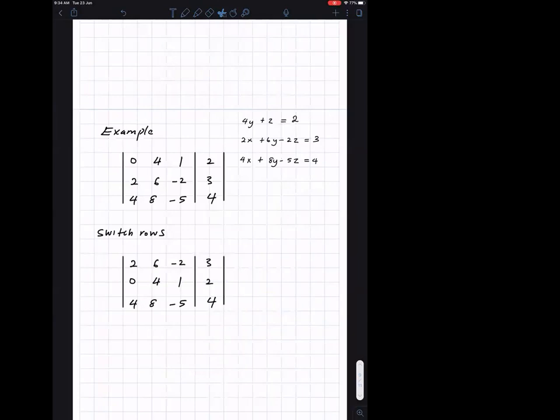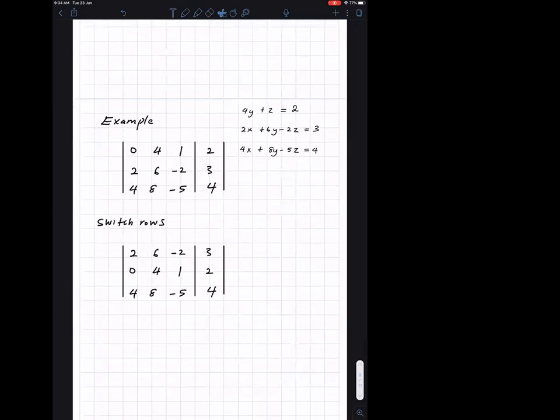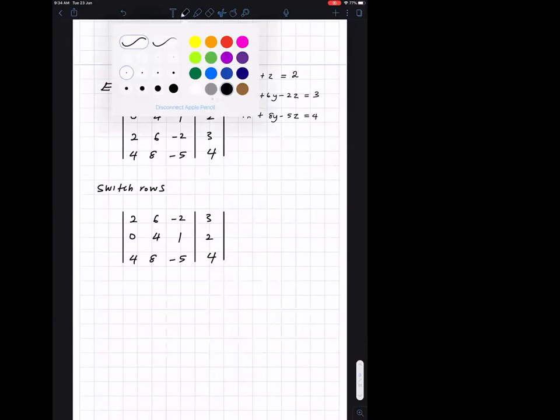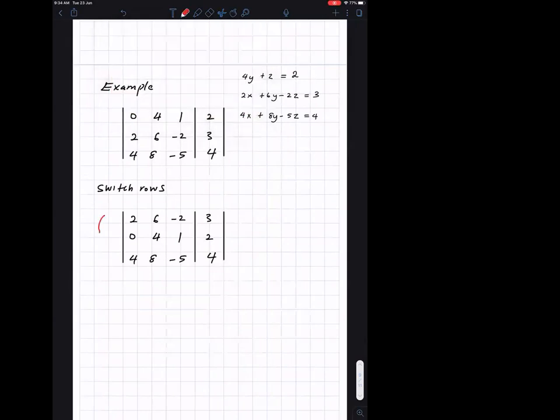That is okay to do. So the 0 is achieved, you just exchange rows. Exchange row 1 and 2.